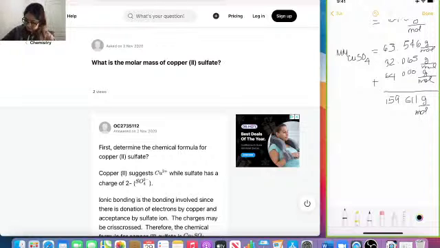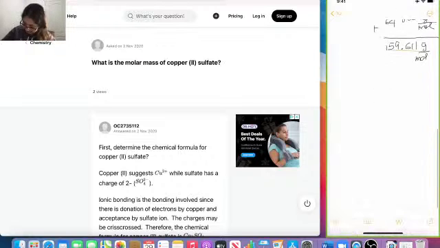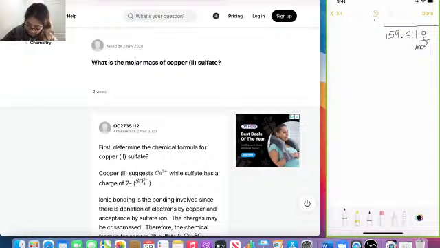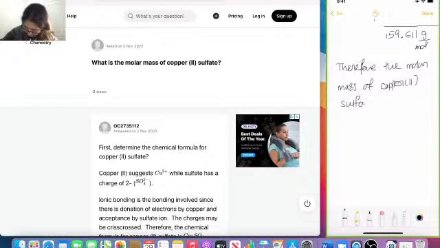We can say therefore that the molar mass of copper II sulfate, also written as CuSO4, is 159.611 grams per mole.